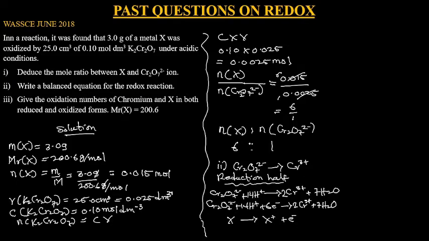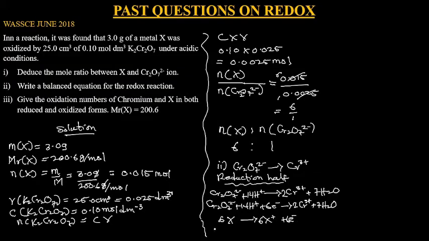But then we've been told, or we work it out, that the mole ratio between chromate anion and x is 1 to 6. So for 1 mole of chromate anion, we should have 6 of x. If we have 6 of x, then the electron will also have to be 6.